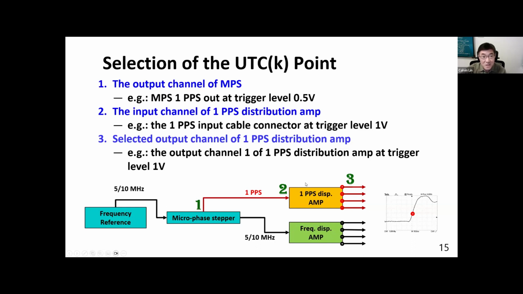And the third is someone will select an output channel of the 1 PPS distribution amplifier, like that. Maybe I can recommend the third one because it's the most convenient.